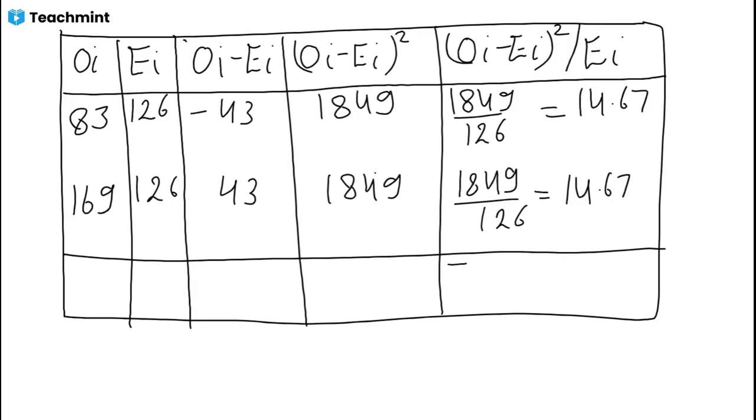So this is the summation of OI minus EI squared over EI: 14.67 plus 14.67 is 29.34.